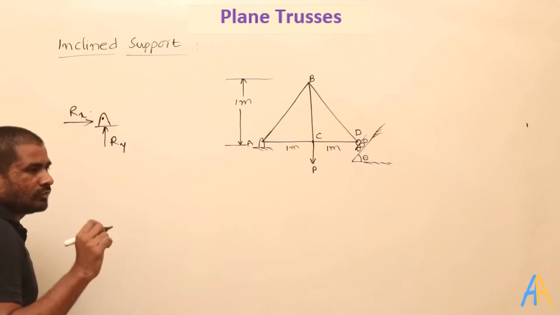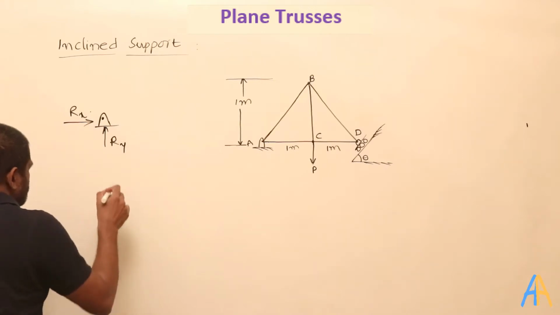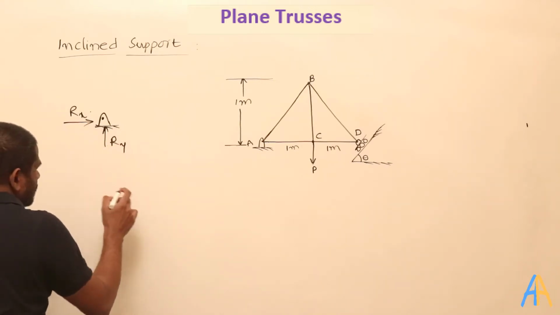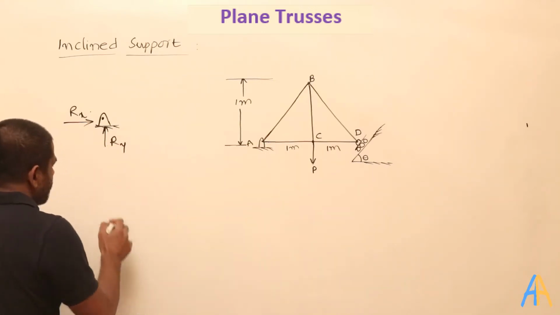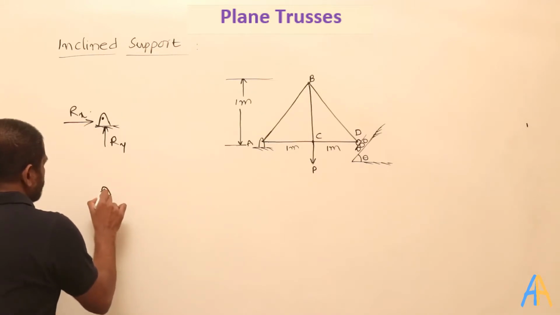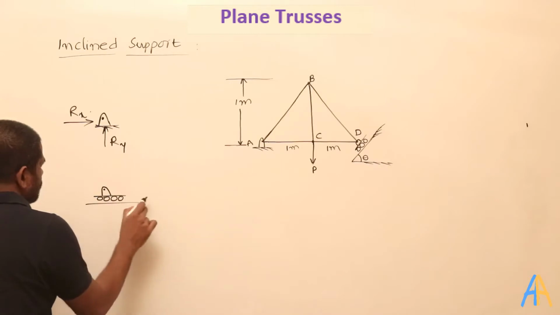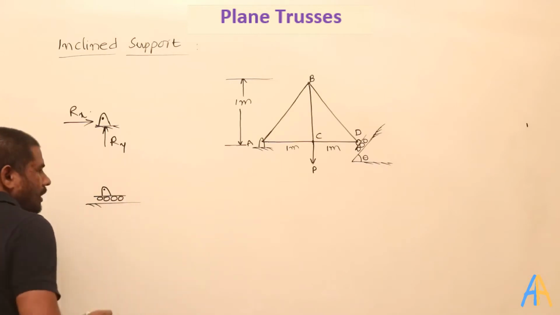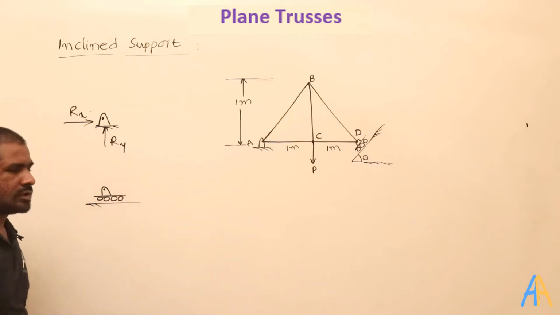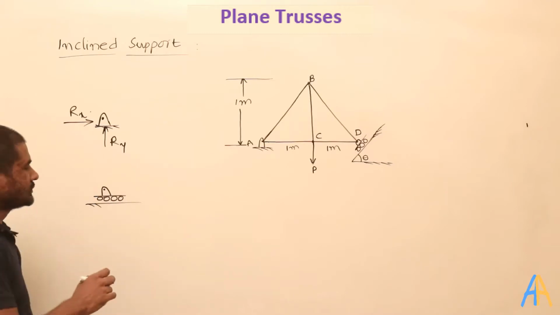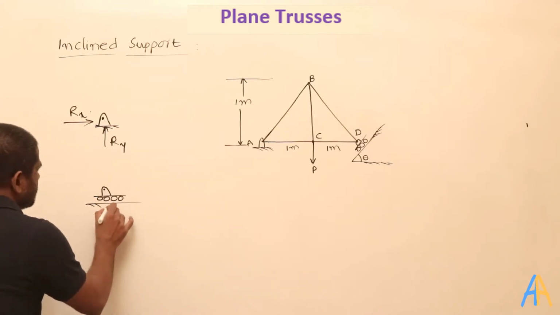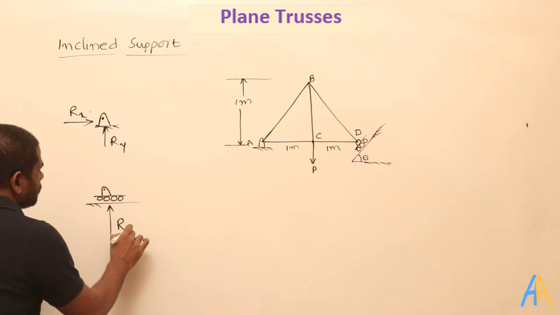Okay, that is whenever you have the revolute joint fixed to the earth. But whenever you have a roller support on the earth, how many reactionary forces do you have? Only one reactionary force, and that is vertically upward, so Ry.